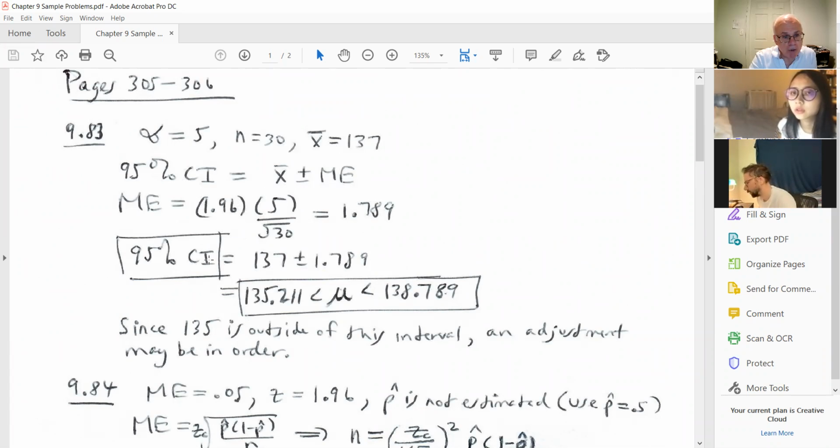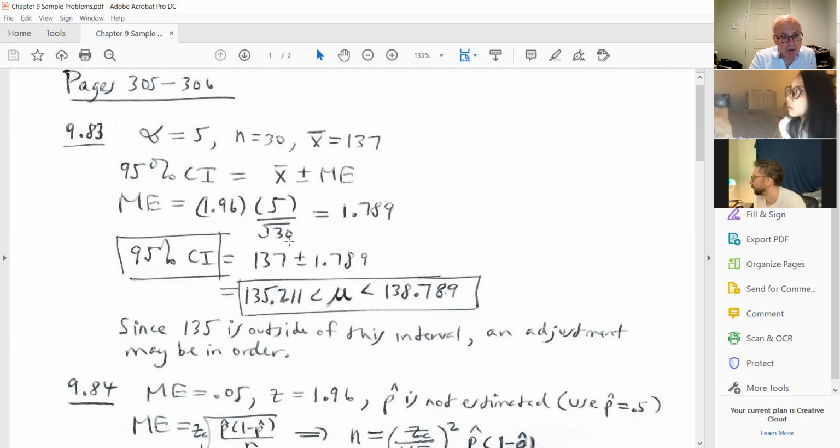For the 95% confidence interval, since we know the population standard deviation, we're going to use a Z critical value. And hopefully you already know this without looking it up, right? That 1.96 is the Z critical value for a 95% confidence interval. So 1.96 times 5 divided by the square root of 30 is our margin of error. It's approximately 1.789.